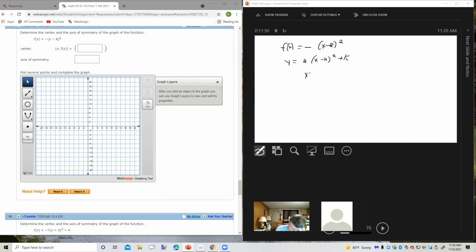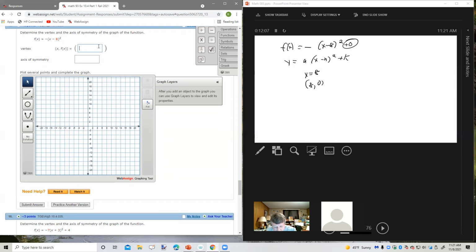The axis of symmetry is at x equals 8. The vertex is at (8, 0), because there's no constant term out there, so it's like there's a 0. Okay, so the vertex is at (8, 0). The axis of symmetry is at x equals 8.